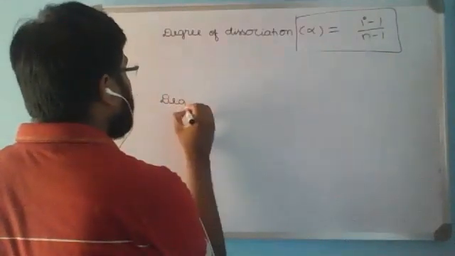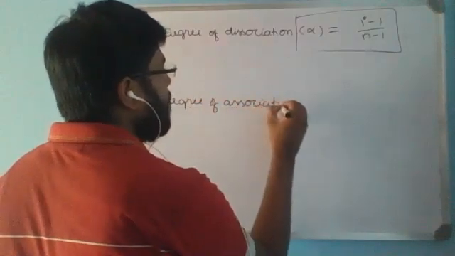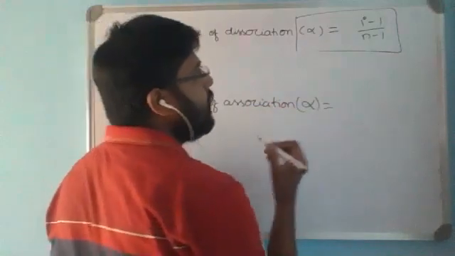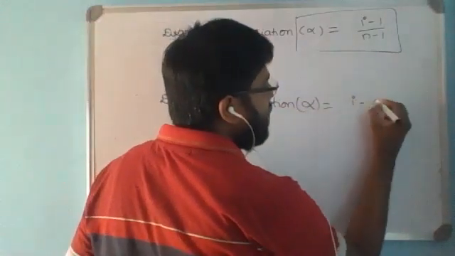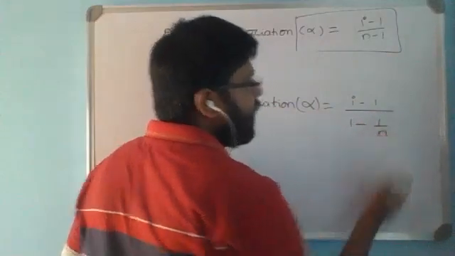If the degree of association is considered, alpha is calculated for degree of association as i minus 1 divided by 1 over n minus 1.